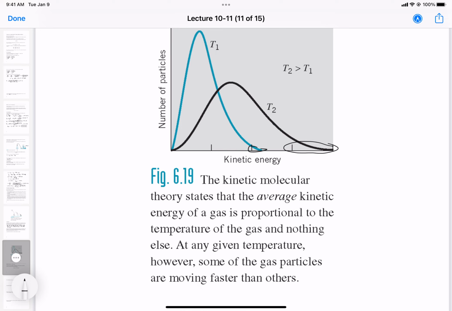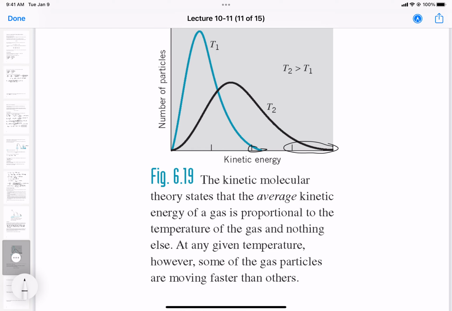So in this graph, as we increase the temperature, we're going to make the distribution wider, so that you're going to have a much more even distribution of particles having speeds between the low end and the high end.